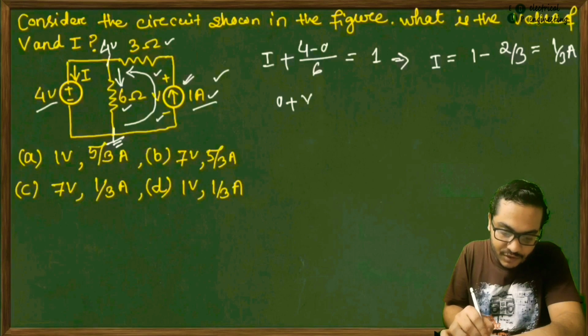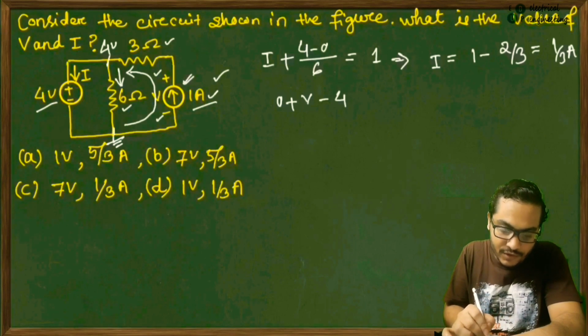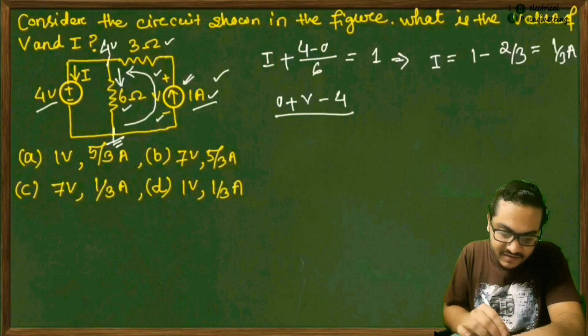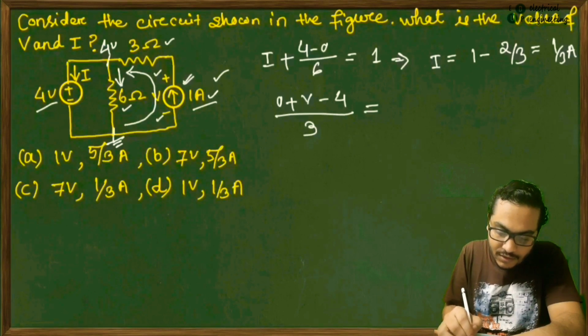So this is plus V and minus 4 volt. Why minus 4? Because the current is entering this node, so this is minus 4, divided by the resistance, which is 3 ohm, the net resistance in this branch.